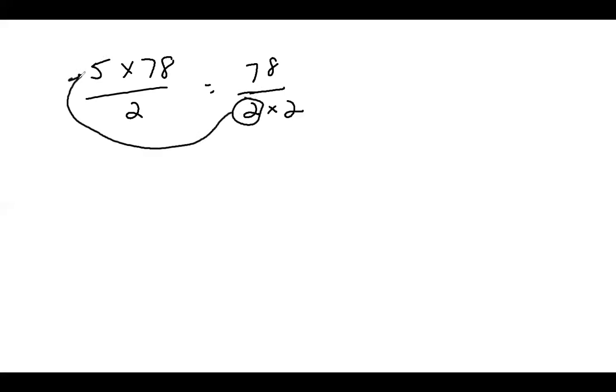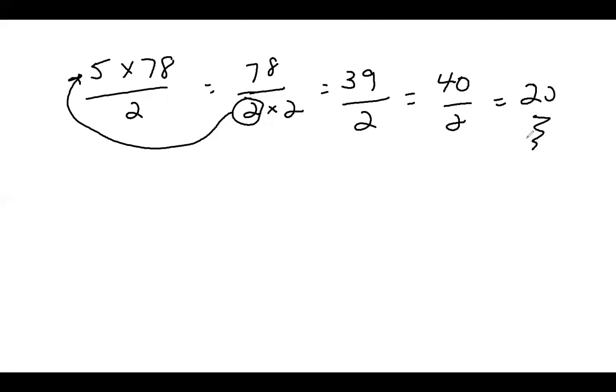So then we can just do 2 into 78. 2 goes into 7 3 times, and then 2 goes into 18 9 times. So we get 39 over 2. Now we're going to use our rounding trick. 39 is a lot like 40. 40 over 2, our answer is very close to 20. You can do that on your calculator and see what you get, but that would be good enough for a multiple choice calculation.